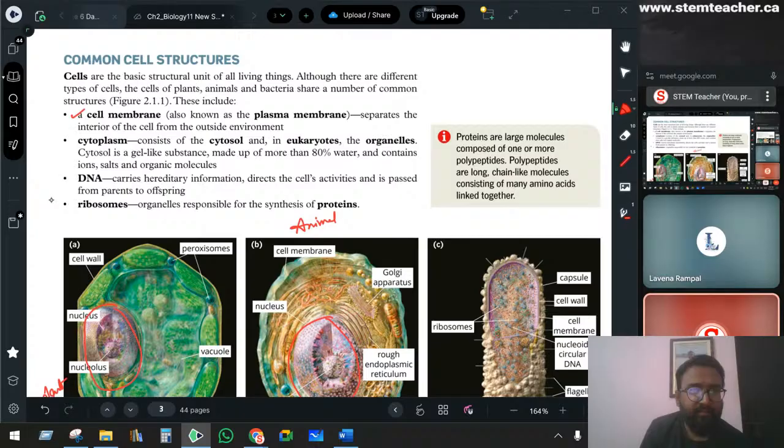The first point is the cell membrane. It is common in both.